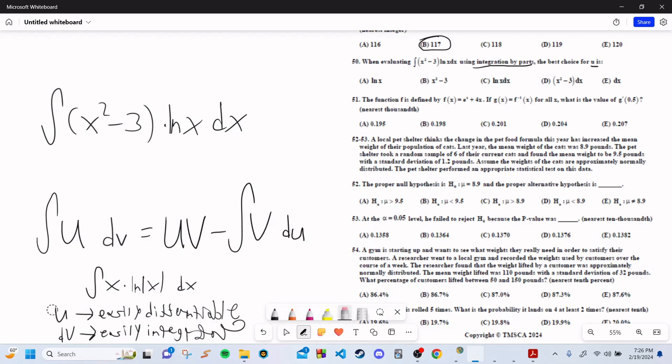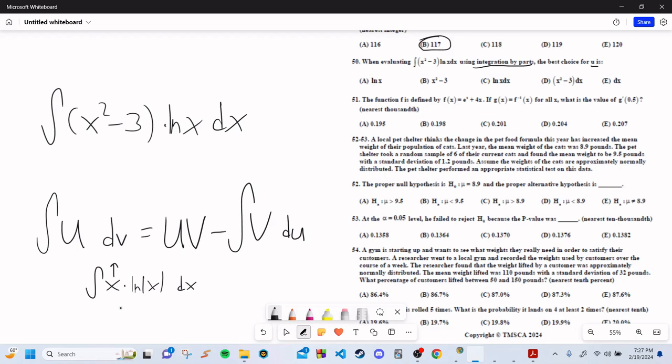And you get the idea. I know what the derivative of ln of x is, but not really the integral. And I know the integral and the derivative of x. So it's just easier to call my u ln of x, because I can easily get the derivative, and to call my x dv, because I can easily integrate it.